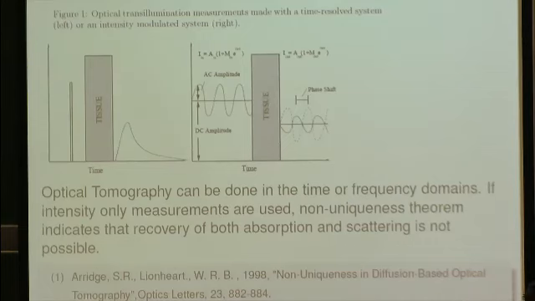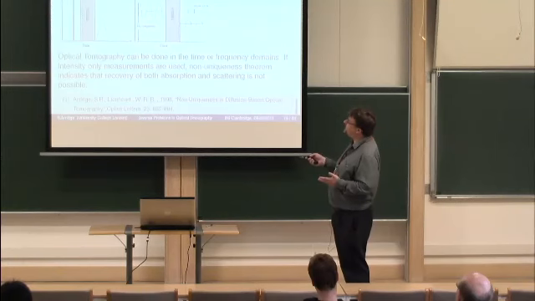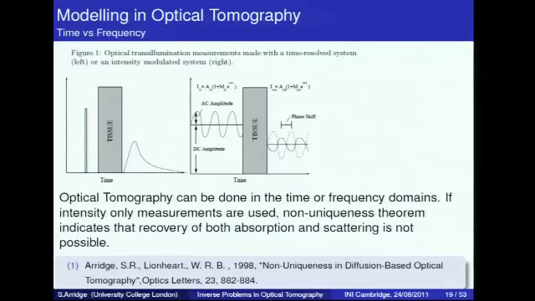So the way that we currently tend to analyze things is we measure in this time of flight. This has certain advantages, which I won't talk about right now, but we analyze it in the Fourier domain. So we simply Fourier transform the received signal and analyze it in the Fourier domain. And as we showed in 1998 with Bill, of course this was something with hindsight is extremely obvious, that if you measure only the number of photons, so if we have frequency 0, we just have a constant light source, you get a Dirichlet to Neumann map of a real valued number, and we can from that reconstruct only one real valued coefficient internally.